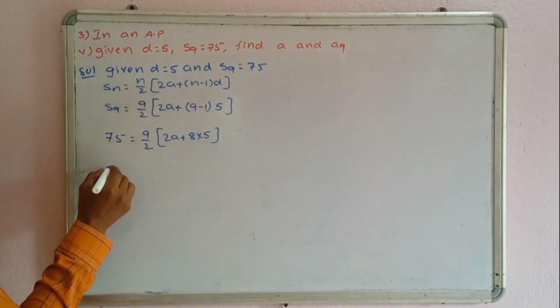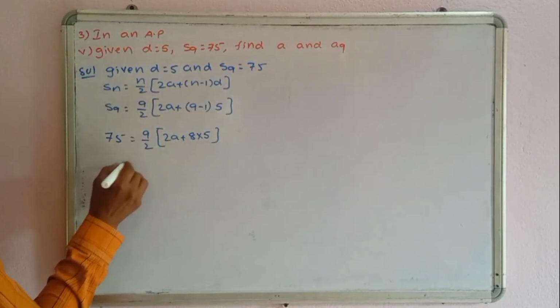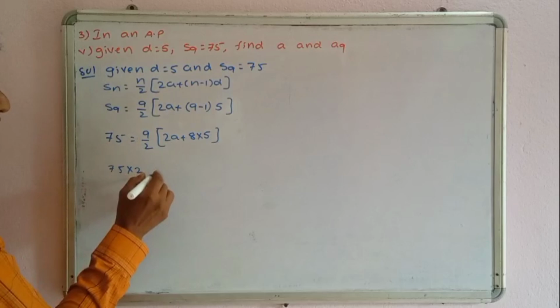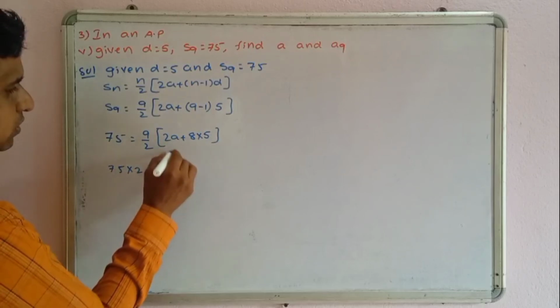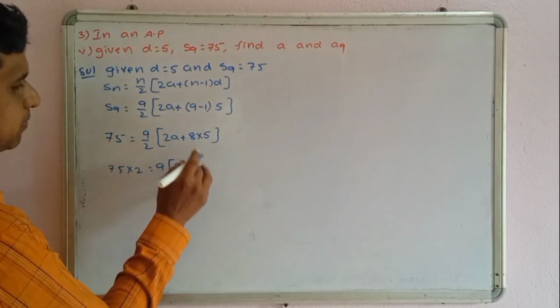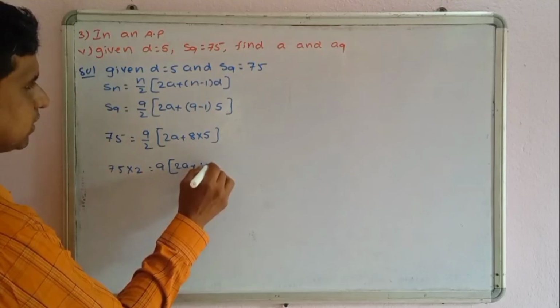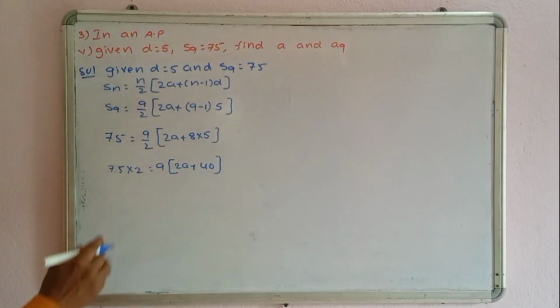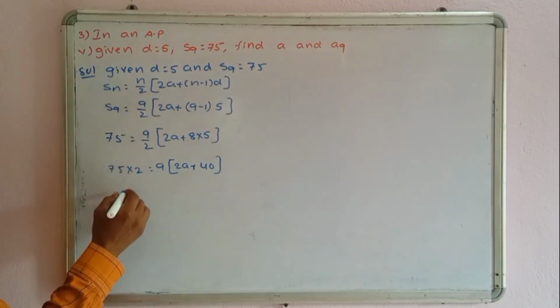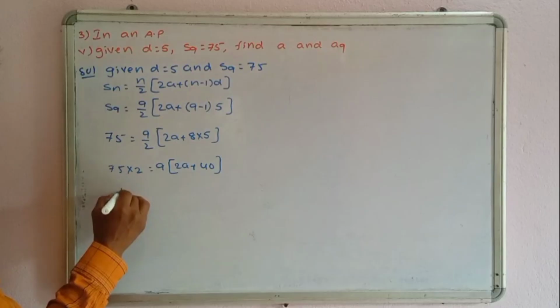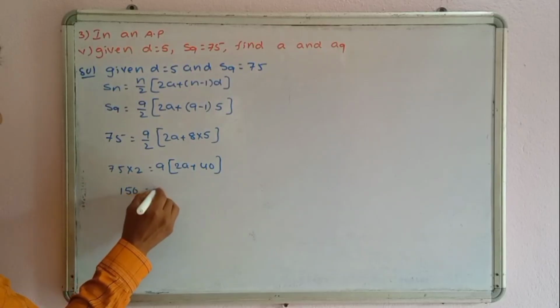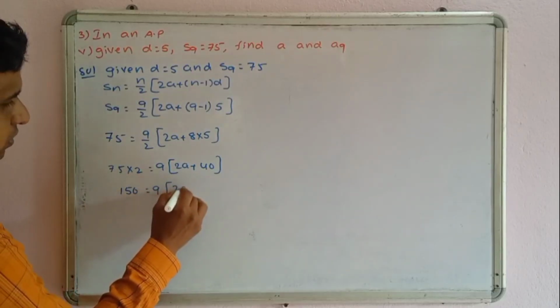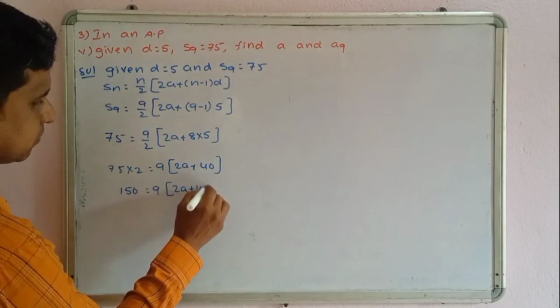Transposing the 2 and multiplying, 8 times 5 is 40. 2 times 75 is 150, so 150 equals 9 times 2a plus 40.